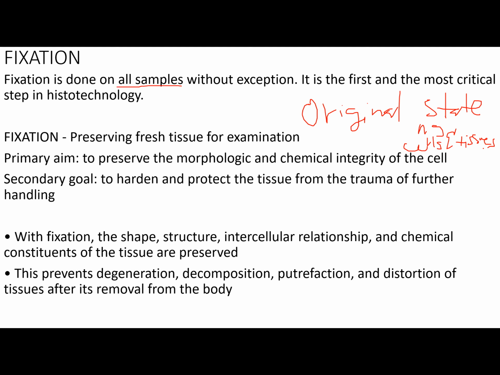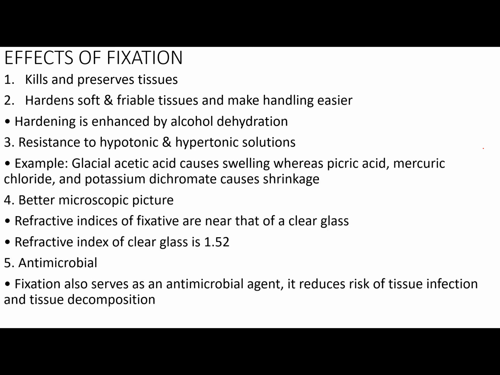So what is needed is that by fixation, you protect or harden the tissue, allowing it to survive the process. Now, with fixation, class, the shape, structure, intercellular relationship, and chemical constituents of the tissues are preserved. This prevents degeneration, decomposition, putrefaction, and distortion of tissues after its removal from the body.